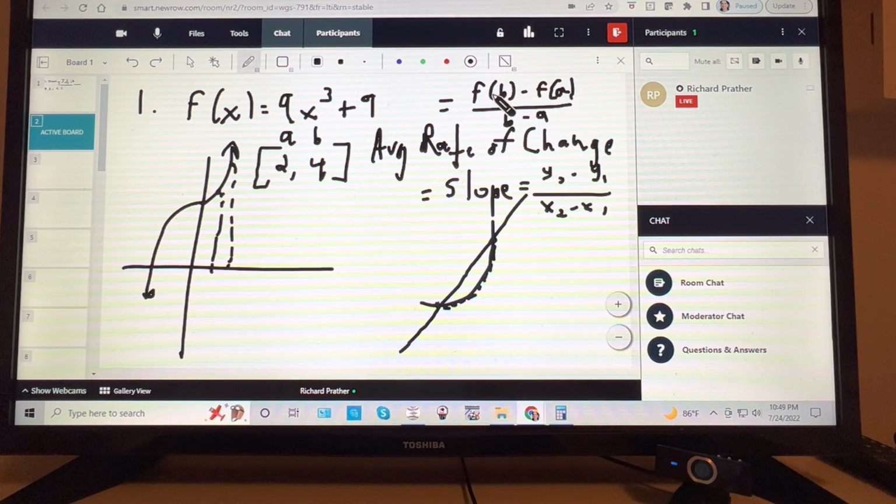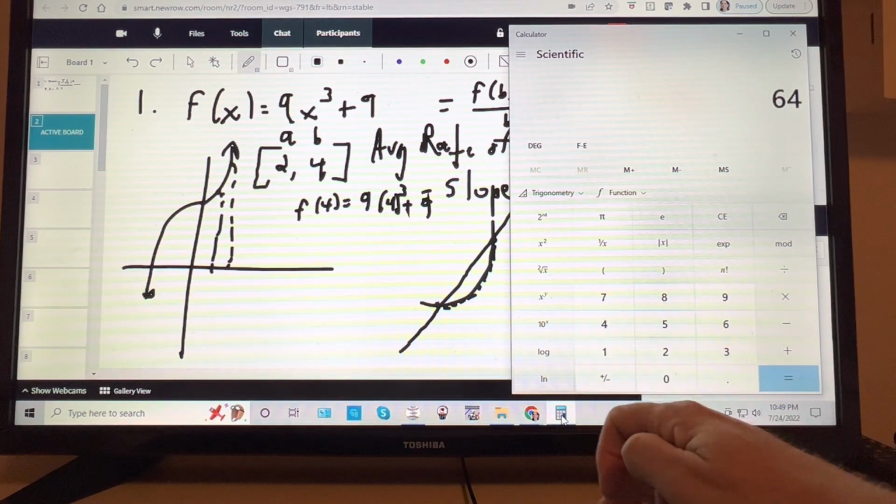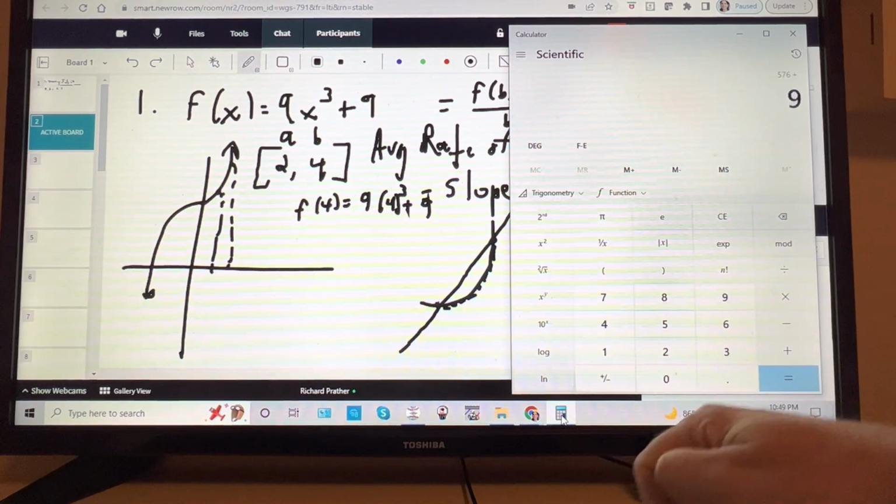F of 4 is the y value when the function has an x value of 4. So you just figure out f of 4 first. 9 times 4 cubed plus 9. 4 cubed is 64 times 9 plus 9.